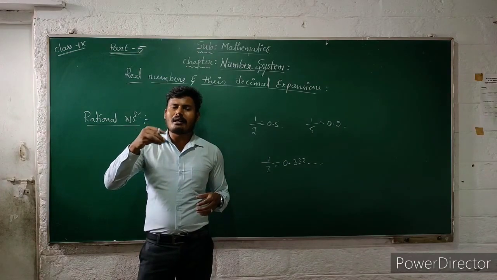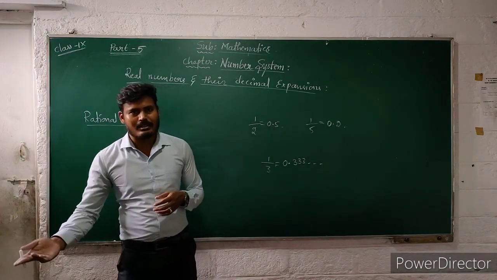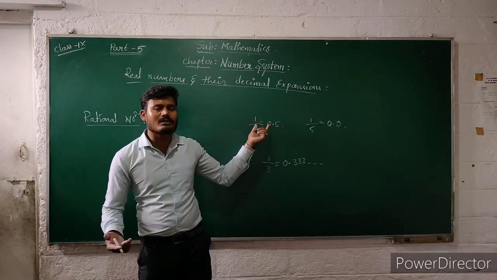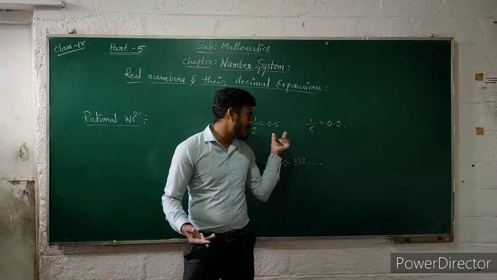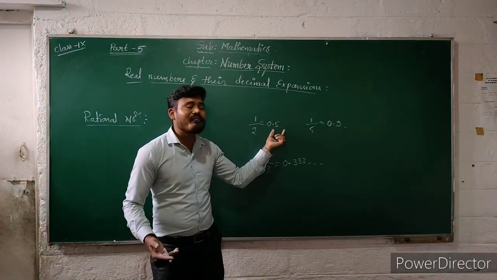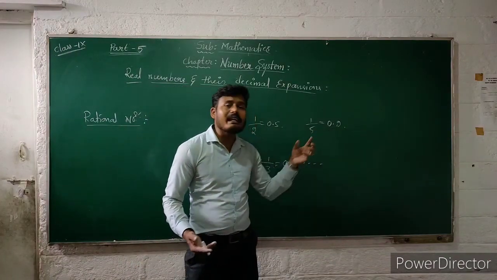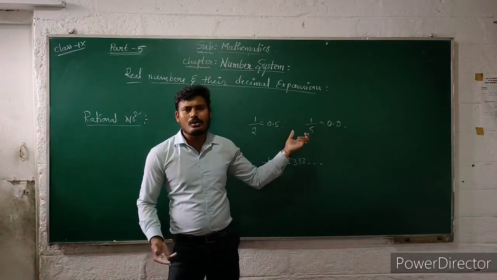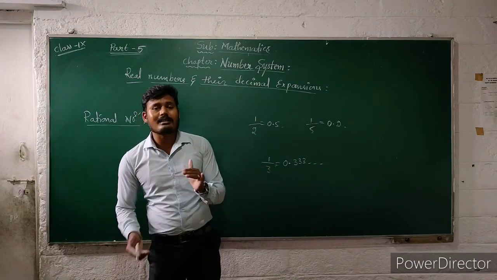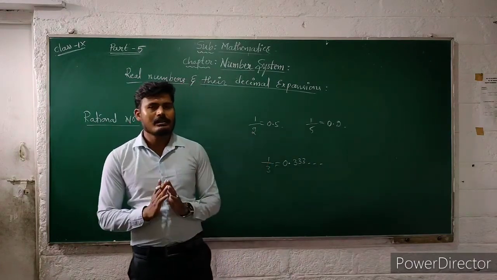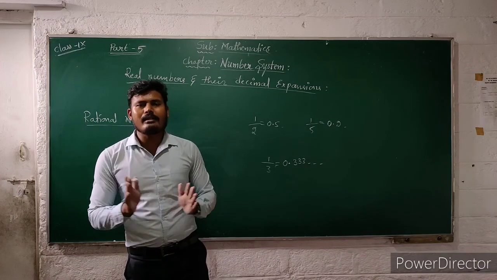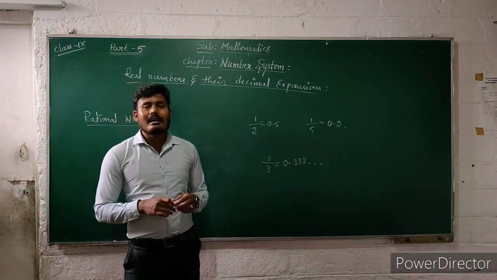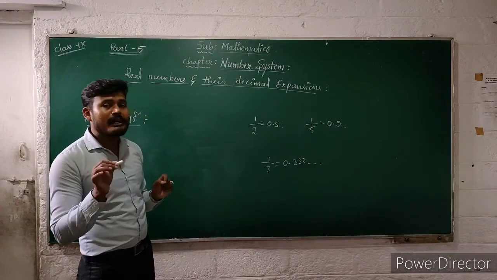If the remainder becomes 0 at any stage, then the decimal expansion of that division process should be like this. That means there are finite numbers, and the division process of these two ends at a certain stage. That word end is also called terminating or terminates.